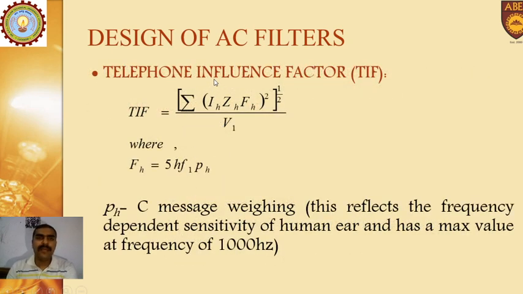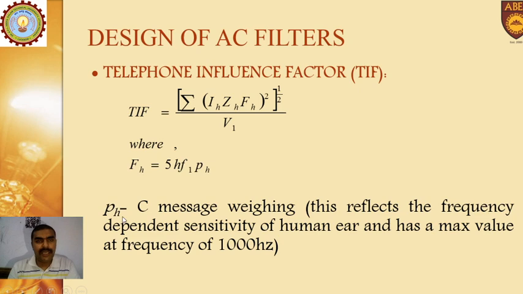Another parameter is the telephone influence factor, that is TIF. This TIF will be equal to the square root of the summation of (IH ZH FH) whole square, upon V1, where FH can be given by 5 H F1 PH.